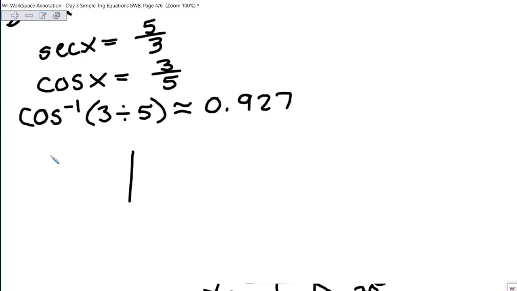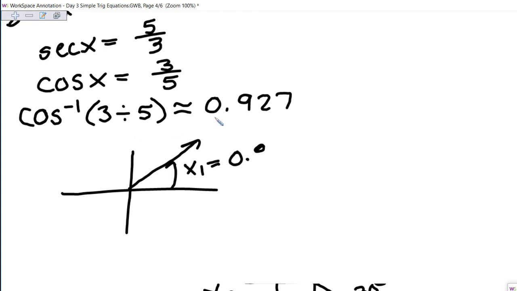Well, 0.927 would terminate in which quadrant? So that's our first angle. I need one more answer. In which other quadrant is cosine positive? Quadrant 4.